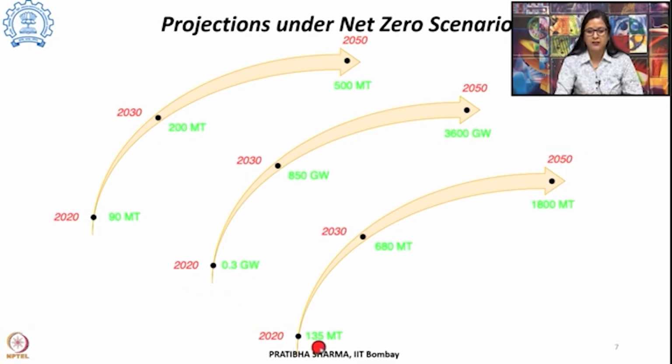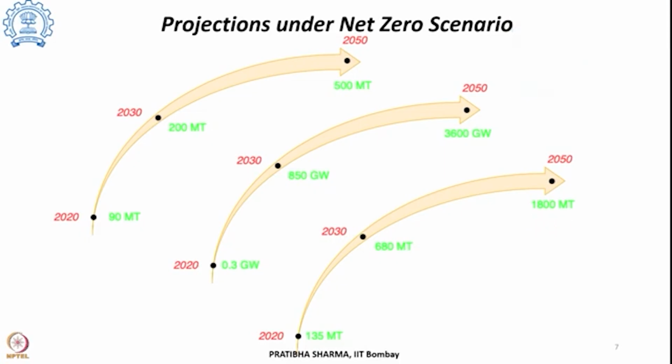Currently 135 million tons of CO2 is abated using CCUS at the production plant site, which will grow to 680 million tons in 2030, and in 2050 it should grow to 1.8 gigatons, or 1800 million tons, of carbon dioxide per year.